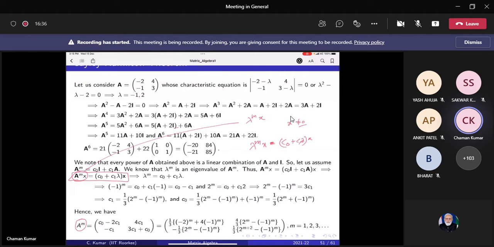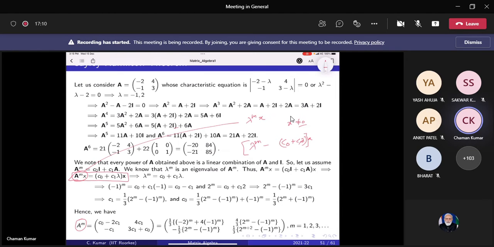Okay, and since x is non-zero, you can take this x common. You bring the right hand side to the left hand side, and take x common. Remember that x is an eigenvector corresponding to the eigenvalue lambda of the matrix A. Therefore, x cannot be 0, from the definition of the eigenvector.